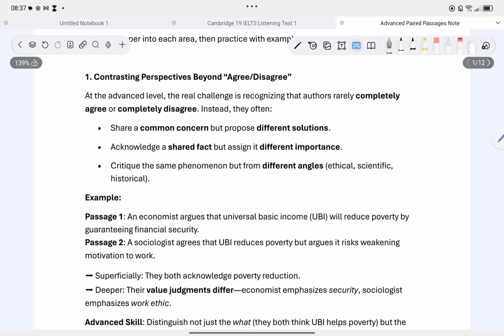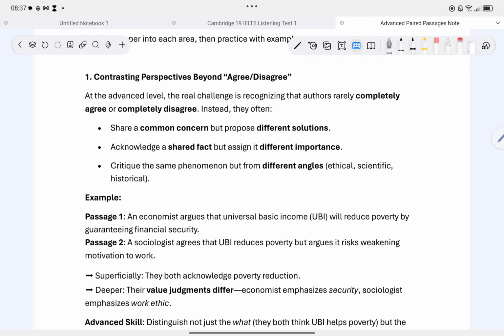Contrasting perspectives beyond agree and disagree. Now, at the advanced level, the real challenge is recognizing that authors rarely completely agree or completely disagree. What that means is you may read a paragraph where the authors agree on the subject, or where both of them disagree.